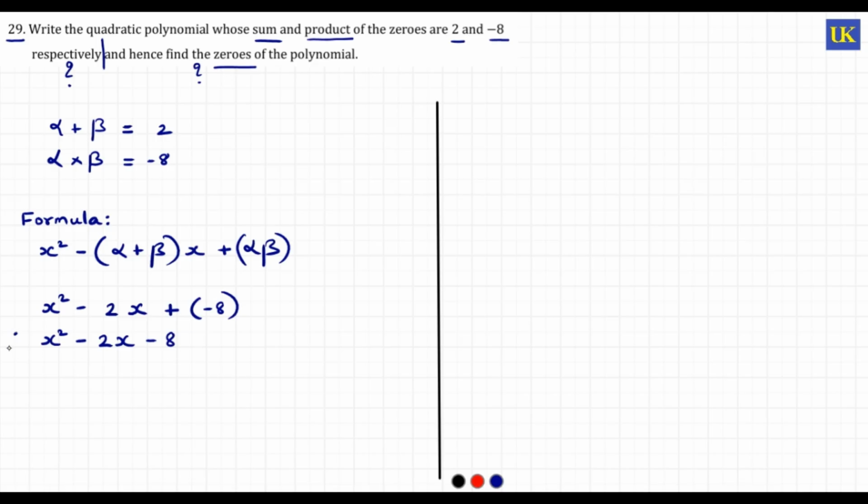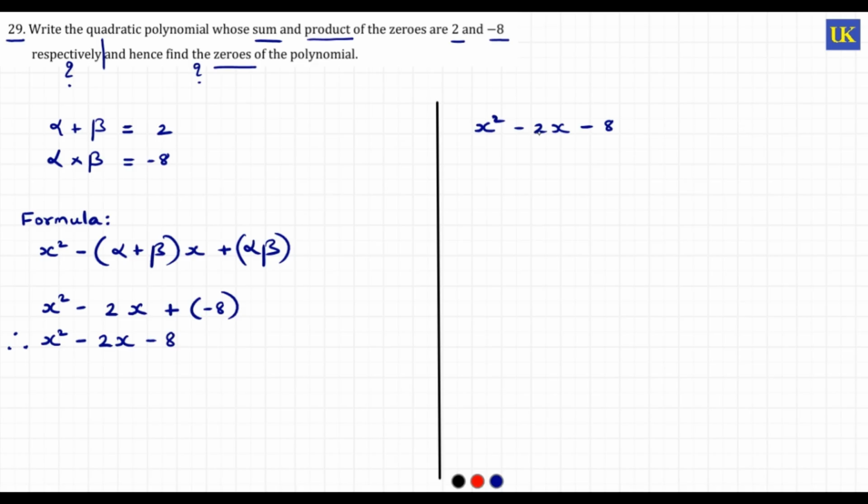So this is our quadratic polynomial, the first question which they had asked. Now they are asking us to also find the zeros. So x square minus 2x minus 8. We'll solve this using the middle term split method.